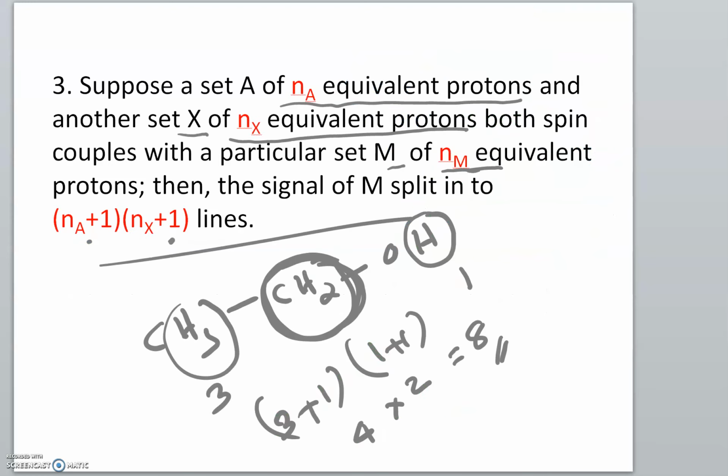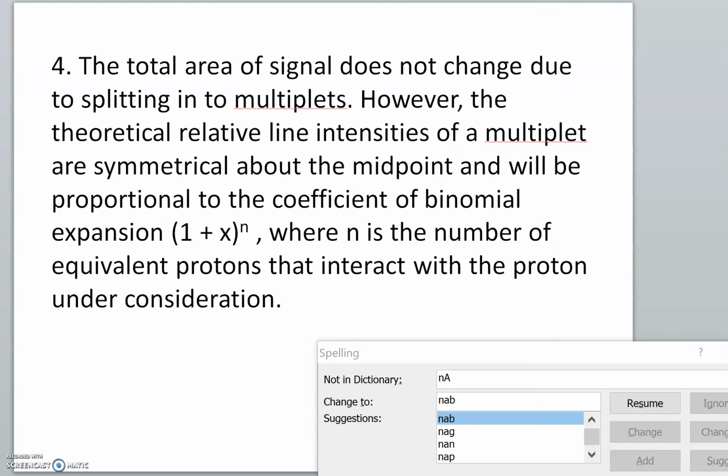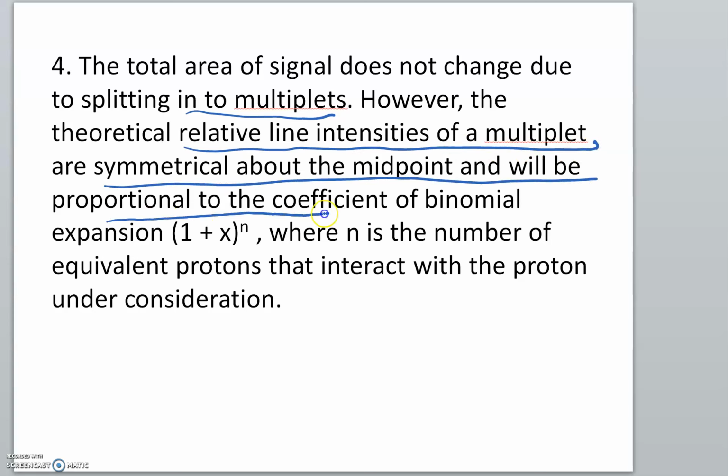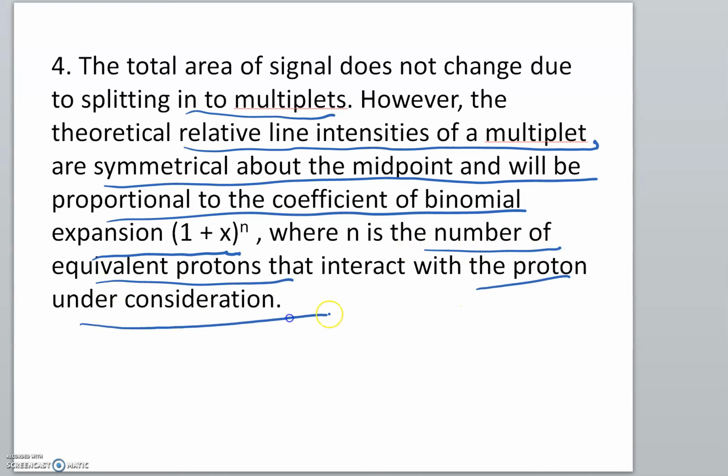Yes, next thing is the total area of the signal does not change due to splitting of the multiplets. Okay, total area does not change. However, the theoretical relative line intensities of multiplets are symmetrical about the midpoint and will be proportional to the coefficients of the binomial expansion (1+x) raised to n, where n is the number of equivalent protons that interact with the proton under consideration.